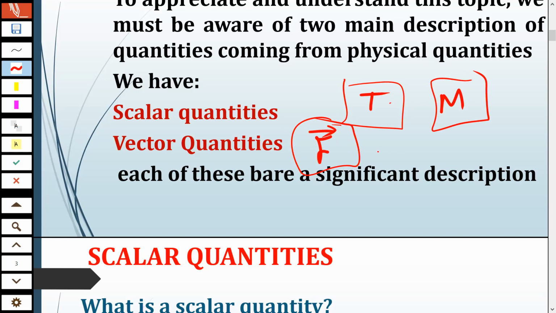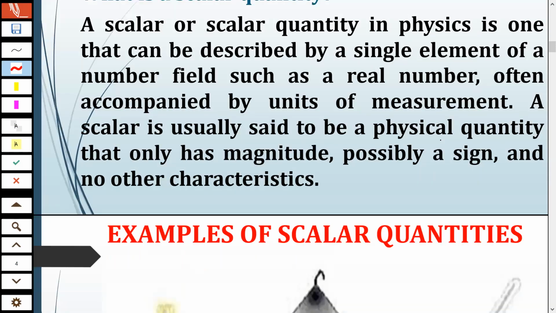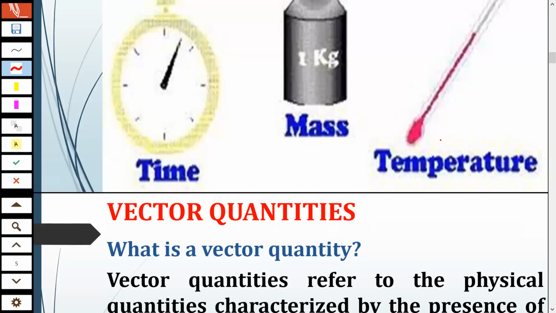Apart from that, we also have velocity. Velocity is also a vector quantity. So we have all those vector quantities. Let us look at some of these. We have time, mass, and temperature. These are scalar quantities.